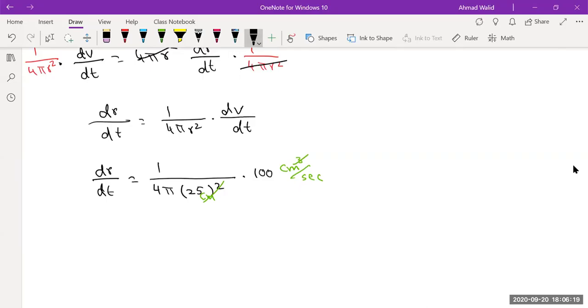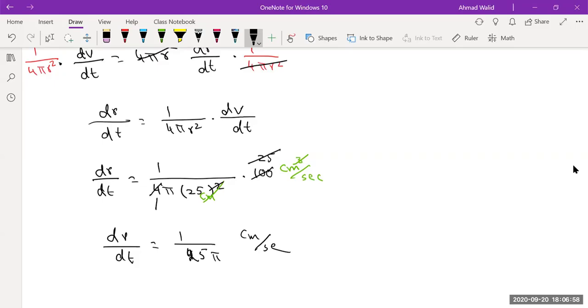Let's simplify. I simplify 4 with 100. How many times does 4 go into 100? 25 times, right? And here you have 25 squared, and here you have 25. It means you can cancel 25 with 25, and you end up with dr/dt equals 1 over 25 pi centimeter per second.